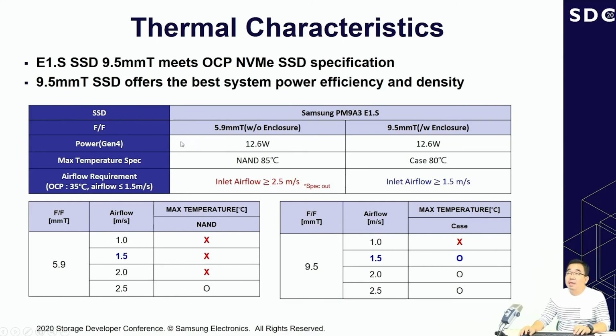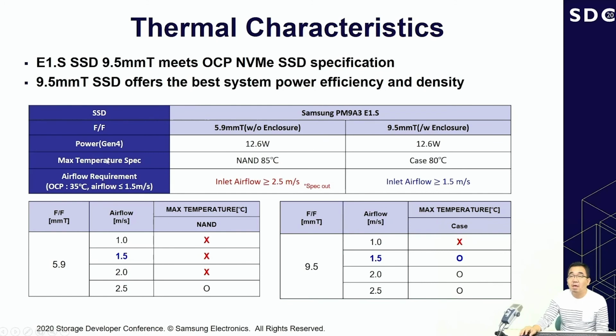It turns out that the 9.5 millimeter U1.S SSD, which has the enclosure, satisfies the OCP NVMe spec. This is the thermal characteristic of the two different U1.S form factors, 5.9 and 9.5. It turns out that the 9.5 U1.S SSD meets the OCP NVMe SSD spec.